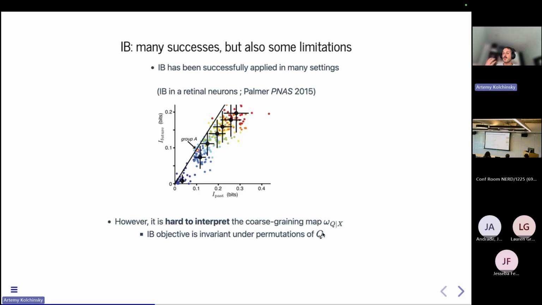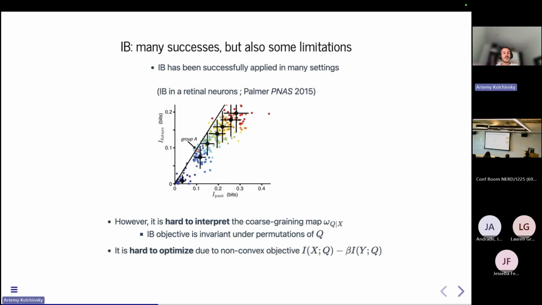For example, if we're compressing images, then Q is not going to have any semantics or any structure that would correspond to, let's say, pixels or locality or any other structure. And this occurs because any permutation of Q, so that's a permutation of the encoder, can be undone by the optimal decoder, which does the Bayesian inverse.